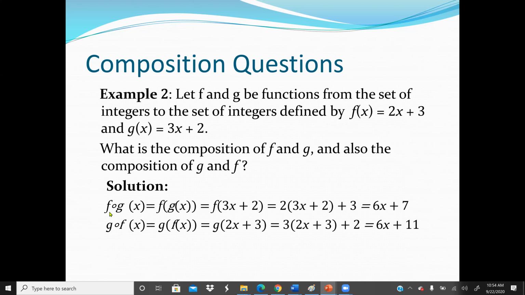So if I'm finding the composite of F, G at x, first I'll write down F at x, which is 2x plus 3. Then I'll substitute G at x in the x variable. So that's why we get here 2x plus 3 will give me 2 times 3x plus 2, plus 3.